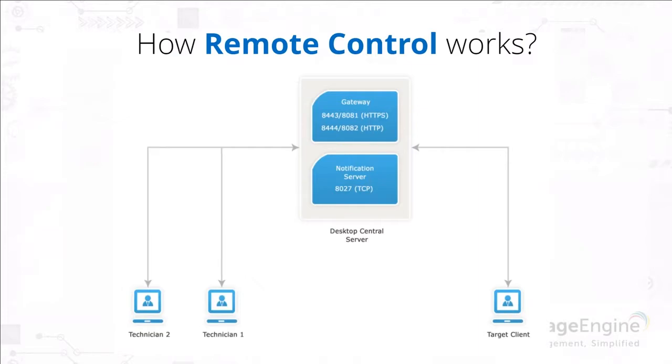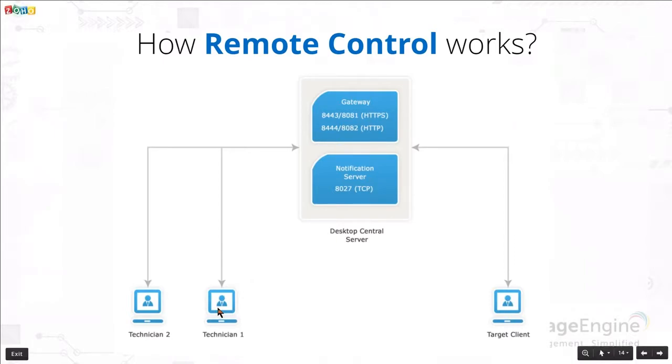Next is how remote control really works in the backend. As you can see in the image graph, this is the backend workflow. We have different components involved. Whenever you log into Desktop Central and initiate the remote control functionality, when you click on connect, let's say technician 1 logs in and initiates the remote control process.